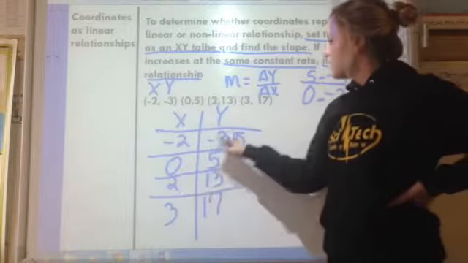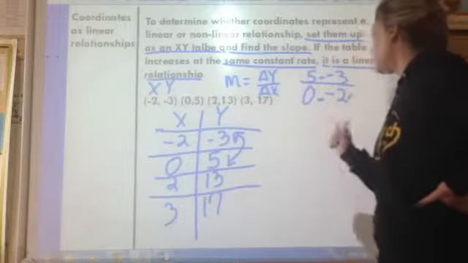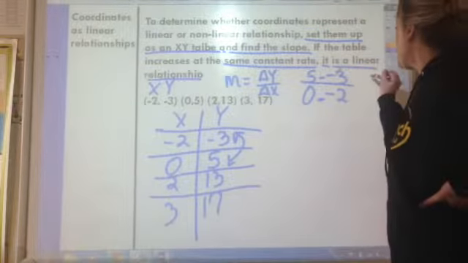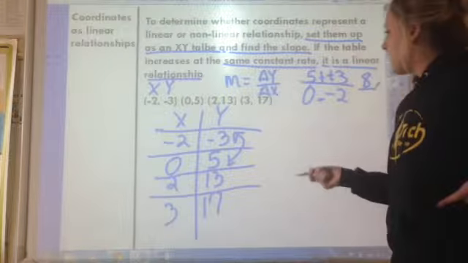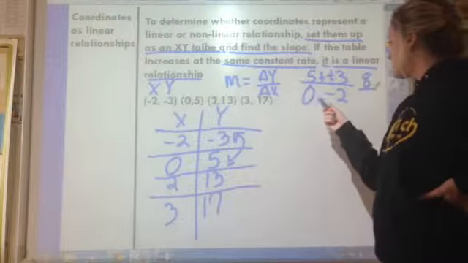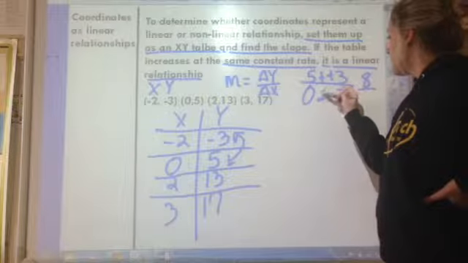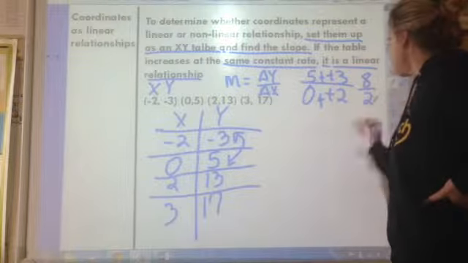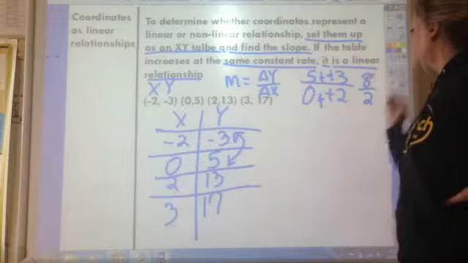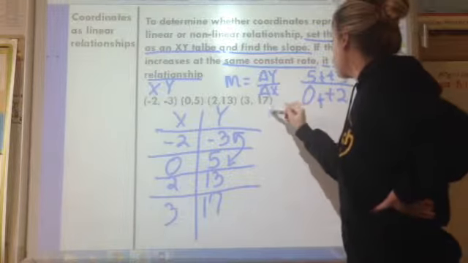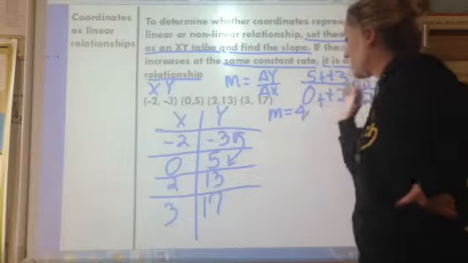I just took points from my table and plugged them in. 5 minus -3, keep change, leaves me with 8. And 0 minus -2, keep change, leaves me with 8 over 2. Make sure this is on your notes page. 8 over 2 simplifies down to 4. So I have a slope of 4.